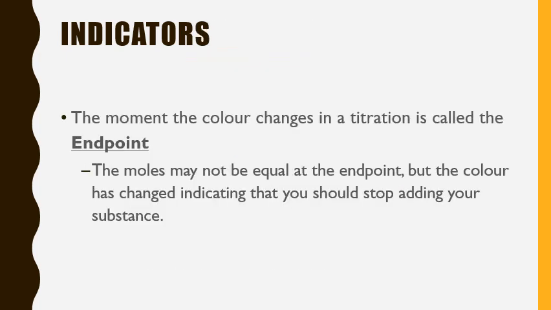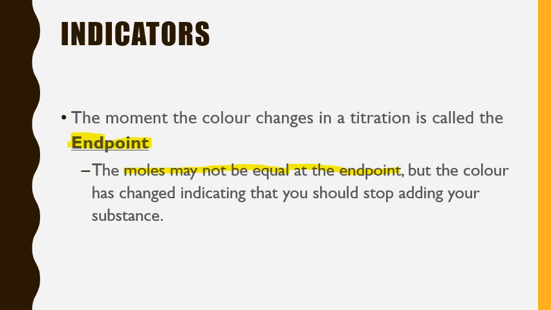All right, the moment the color changes in a titration is what we call the end point. That's when we end our titration. Now, an important thing to note here, the moles may not be equal at the end point.